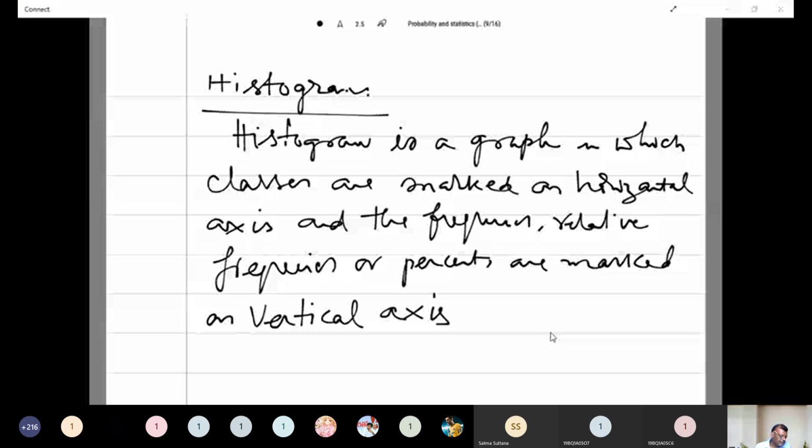Now the frequencies and relative frequencies are represented by the heights of the bars.